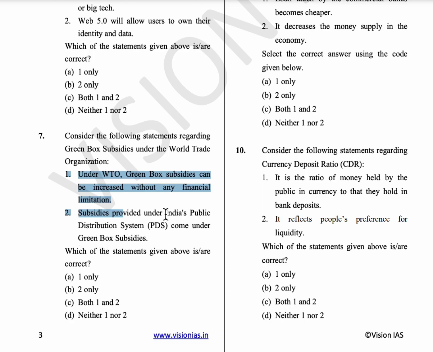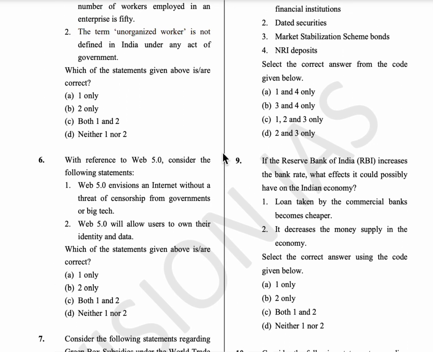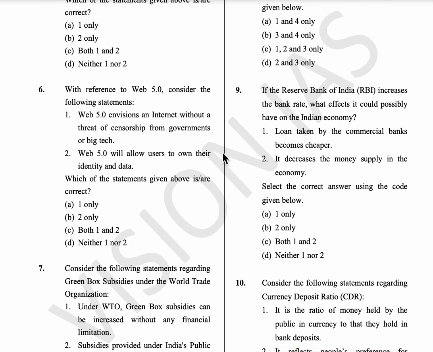These public distribution systems come under the amber box subsidies. So the second statement is wrong, and only the first statement is correct. The PDS comes under amber box subsidies, not green box. So option A is the right one.